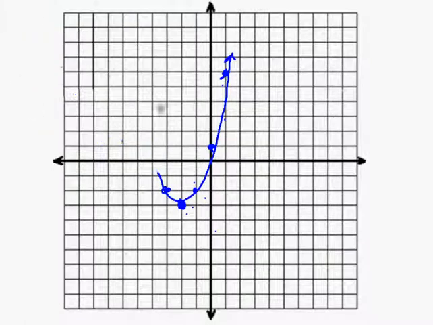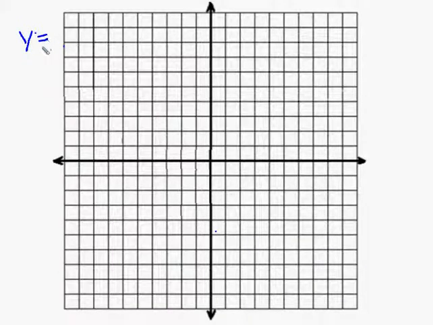Okay, let's do another child. So let's do this one: y equals 2 parentheses x plus 1 squared.